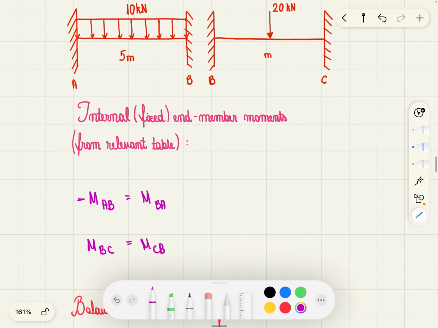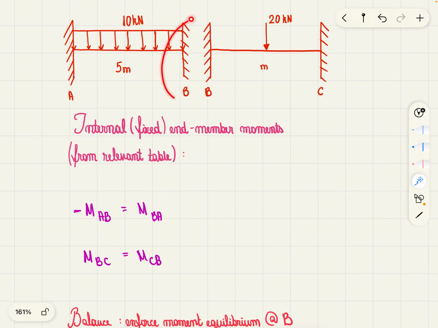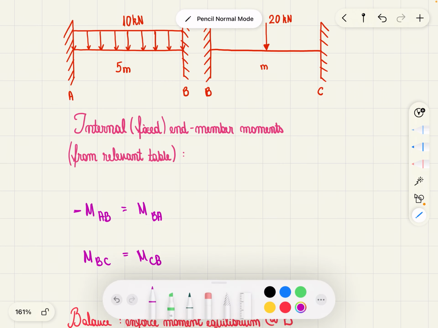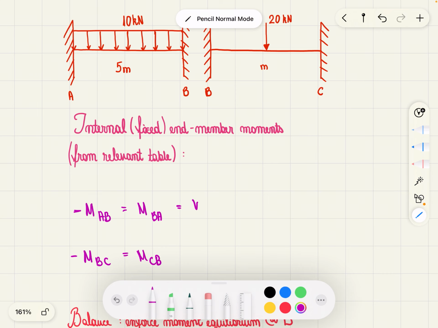Now, which one shall we say is the negative one? Look at node B. The two moments acting at that point are MBA and MBC. And since MBA is the positive one, let's say MBC is the negative one. So now we can find the value of the moment. Here, because we have a uniformly distributed load and two fixed supports, we're going to use this formula.